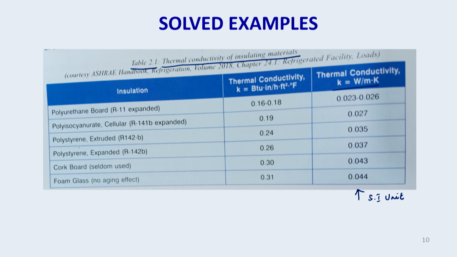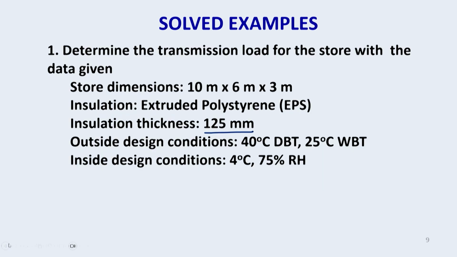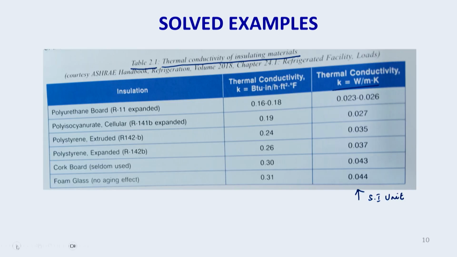Third, there are two polystyrenes, one extruded and another expanded. The material given in the problem is extruded polystyrene, not expanded. The corresponding value of K is 0.035 watt per meter Kelvin.